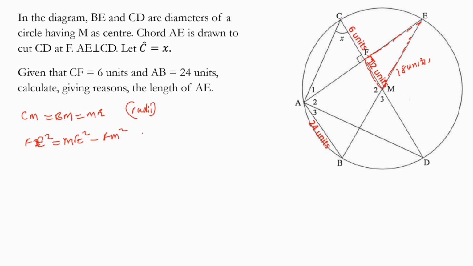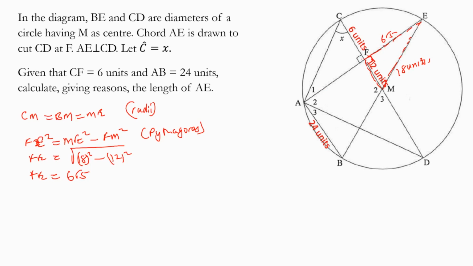So FE is equal to the square root of ME squared, which is 18 squared, minus 12 squared. And what do you get? We get that FE is equal to 6 root 5.